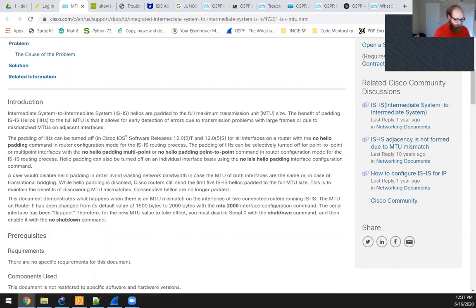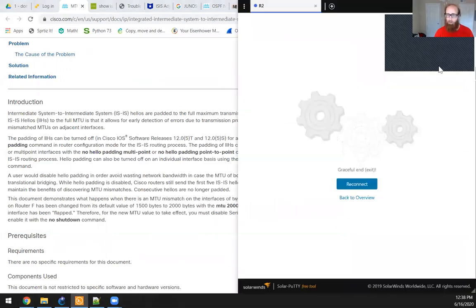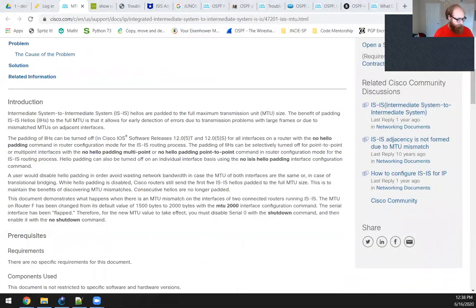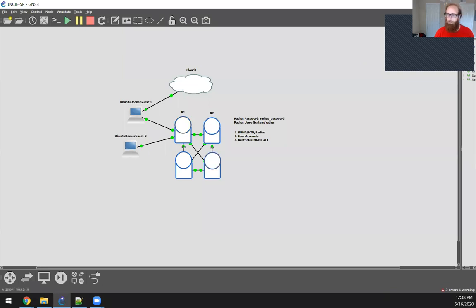All right, let's take a look because it's now 11 minutes later than it's required for the lab to reboot. So let's see if we've got the ability to get rid of that padding, just because I'm curious.